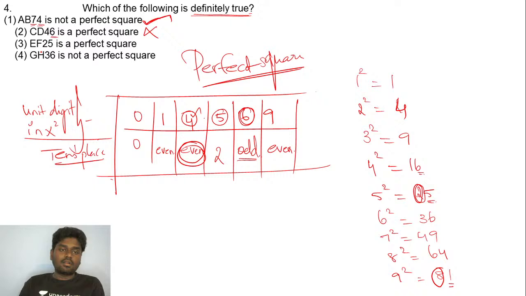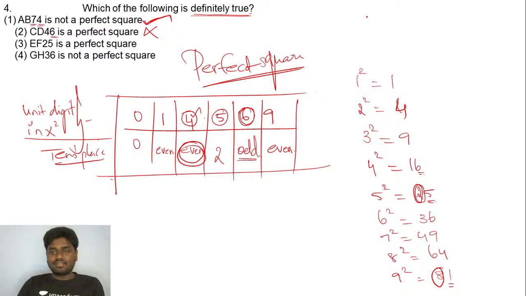And if you go for the third one, listen very carefully. Here, EF25 is a perfect square. Okay, we can have a consideration here. Listen very carefully. It is EF25. It may or may not be a perfect square.